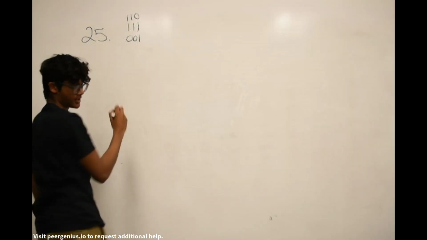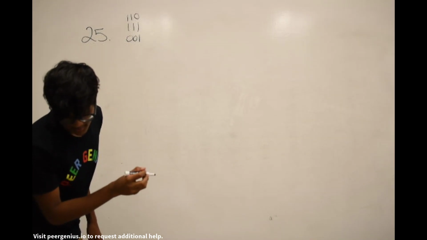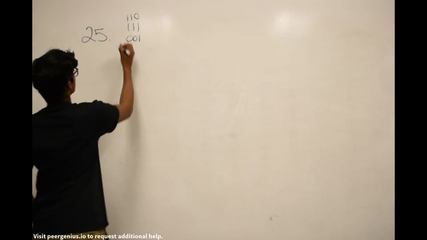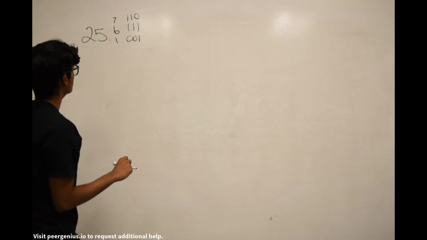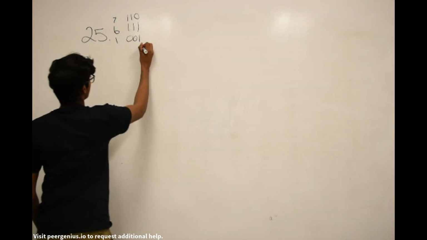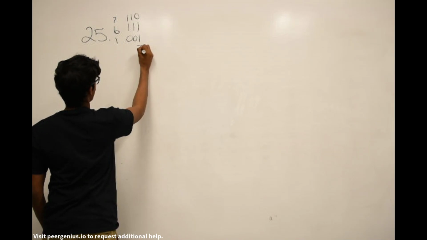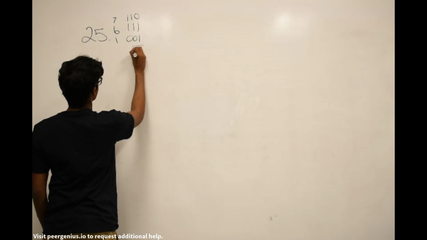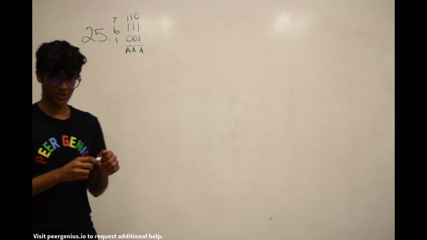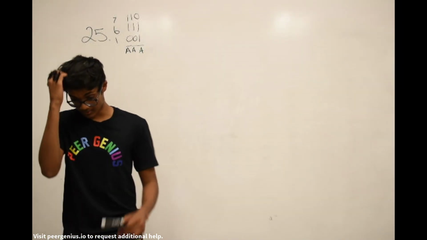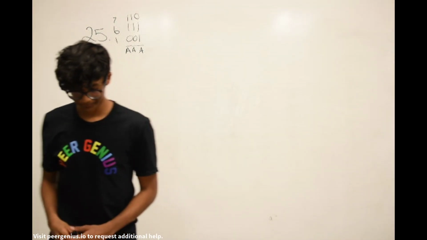So this is the subset 1, 6, 7. Now here you have 2 1s, which means you have an A. You have 2 1s here, which means you have an A, and 2 1s here, which means you have an A. Okay, so that's how the problem's idea works.